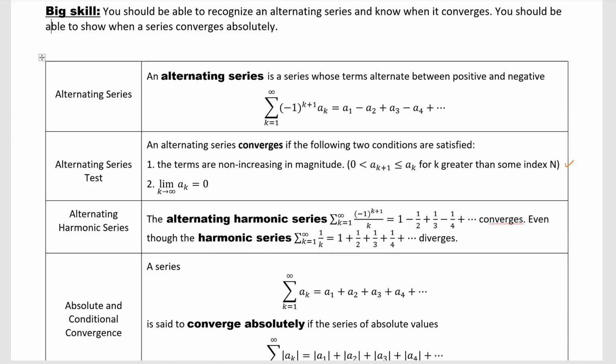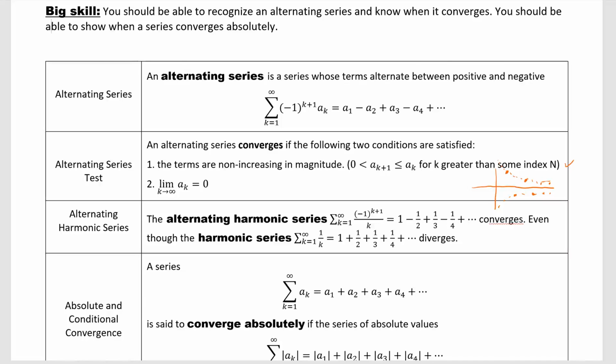So if I draw a picture here, the series looks like, maybe the first point is positive, the next one is negative, and positive, negative, positive, negative, okay?